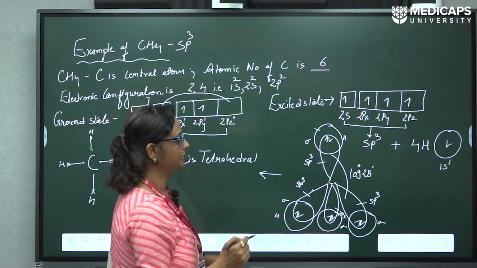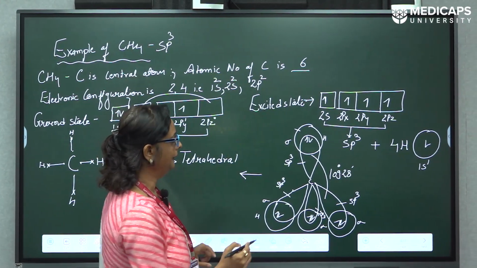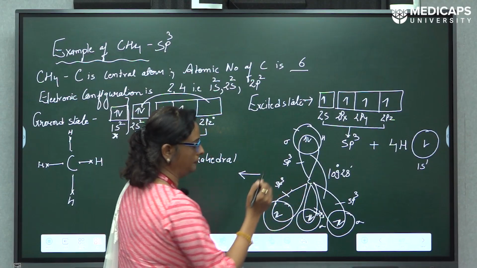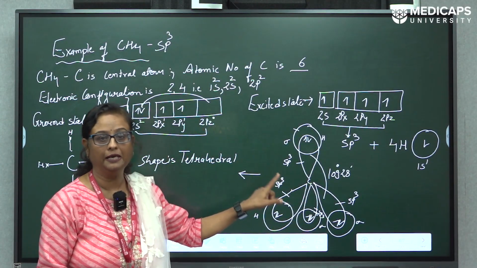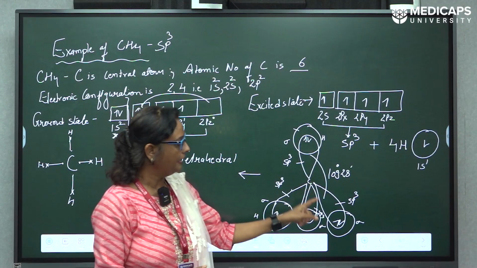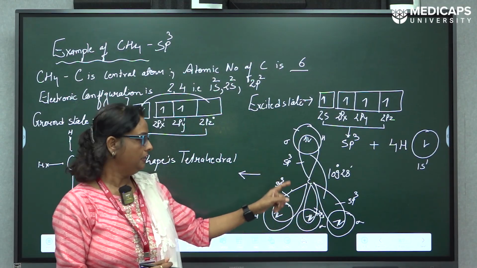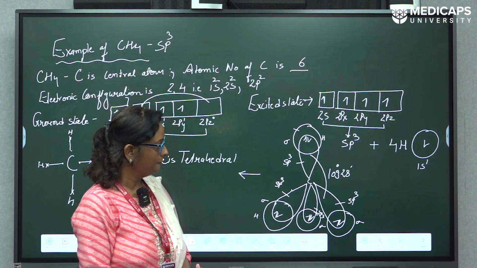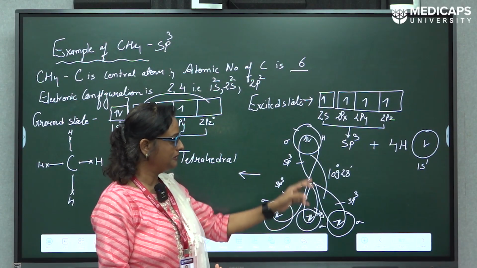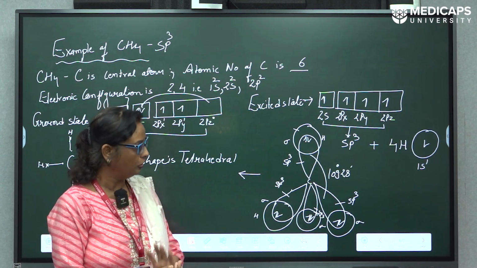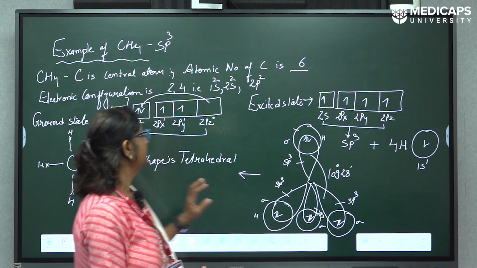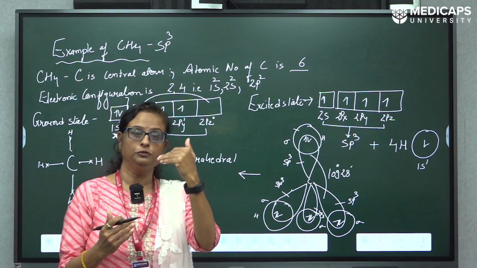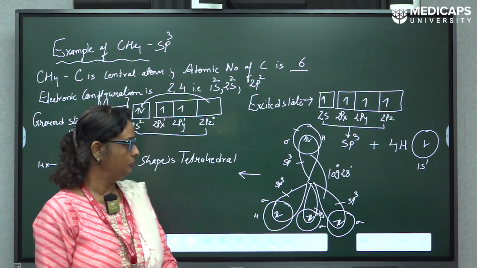After the intermixing of these atomic orbitals, we will get the 4 sp3 hybrid orbitals. These 4 sp3 hybrid orbitals are tetrahedrally arranged with each other with the bond angle of 109 degree 28 minute. After the sp3 hybrid orbital formation, now for methane, carbon is ready to form the bond with 4 hydrogen.